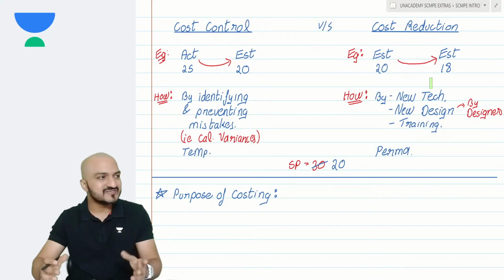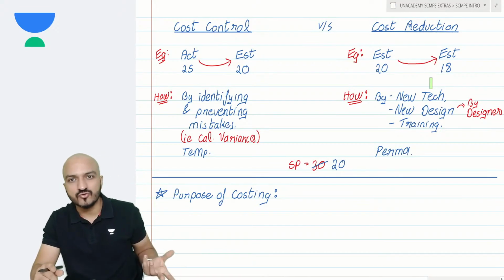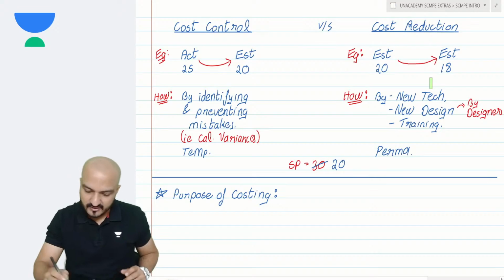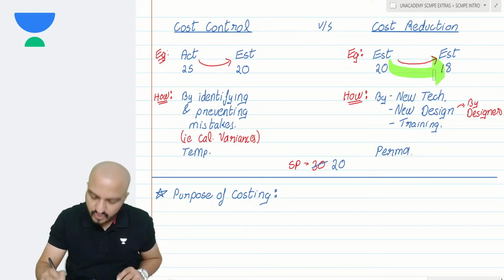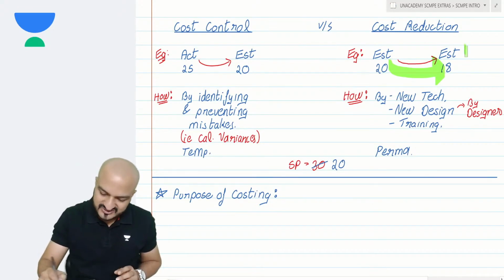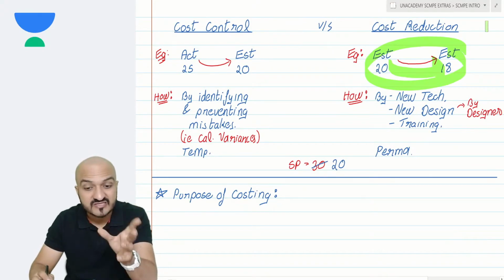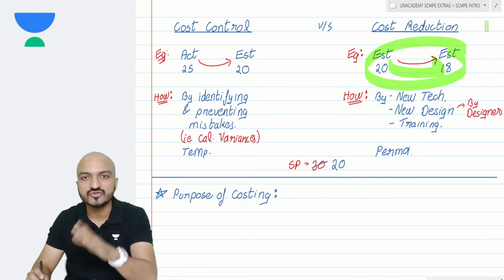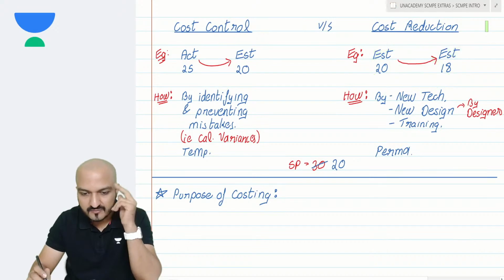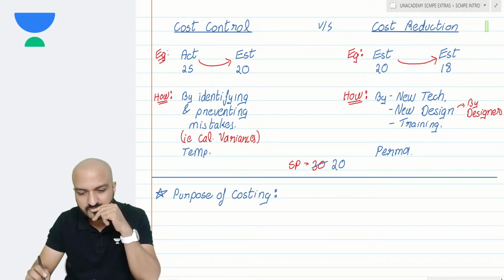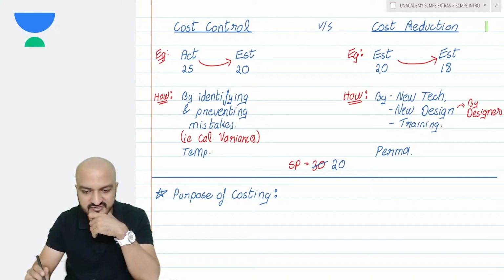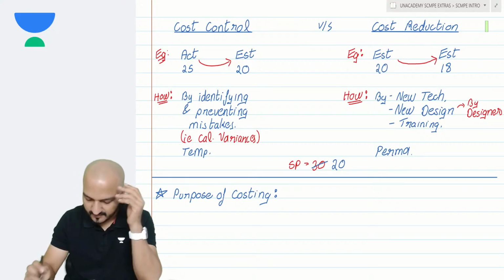Obviously, if the new design is already created, then what will you do? Yeah. So see, you are trying to reduce estimate to another estimate. So Maruti, do you see both are estimates? Estimates means before you start actually producing, right? Yes, Razia, correct. Yeah. Okay.